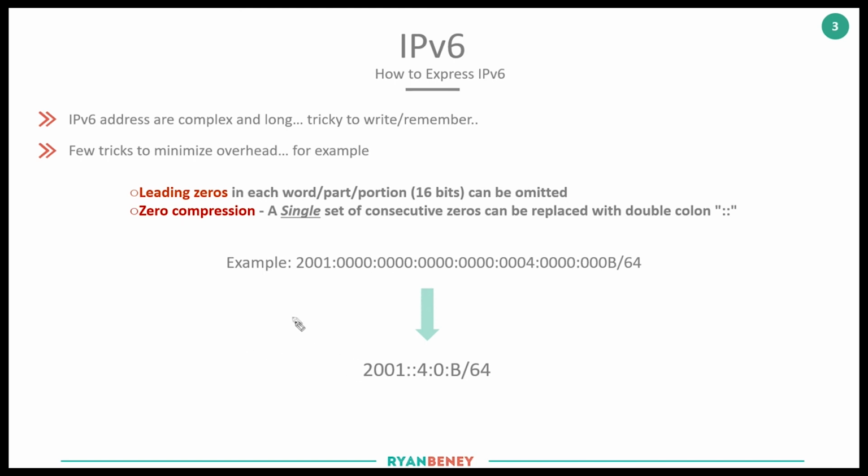But look how much smaller we were able to condense that long 128-bit IPv6 address down into something much, much smaller. Now this is something that you need to remember. Both of these rules you need to know and be able to take an address like this and make it much smaller. And the opposite is true, to be able to take an address like this and put it back into its original form. You also need to identify any incorrect hexadecimal characters.